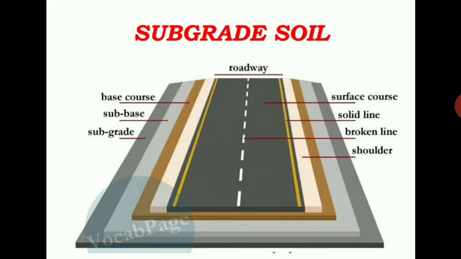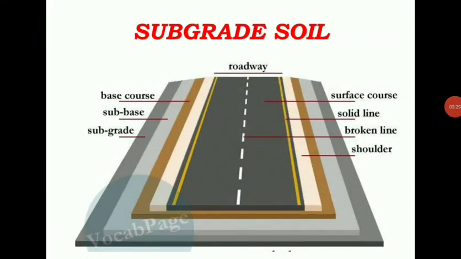The soil beneath the pavement without any interruption is called the natural subgrade. Compacted subgrade is the soil compacted by the uninhibited movement of heavy compactors. Following are the desirable properties of the subgrade soil. That we will study.